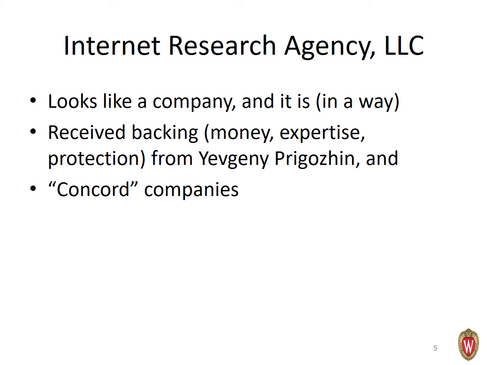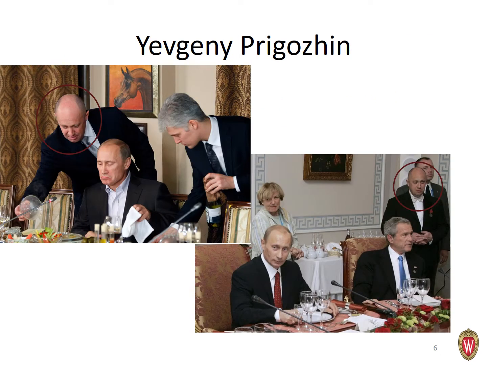Some of the money flowing towards the IRA came from Concord companies, Concord Management and Consulting and Concord Catering. That seems odd. Those are indeed more what you might think of as normal businesses. They are involved in all kinds of business consulting services, but also food production services. Why is that? Well, it's because of Prigozhin.